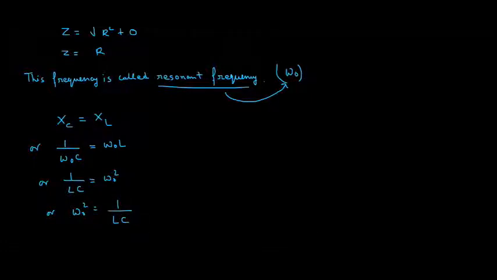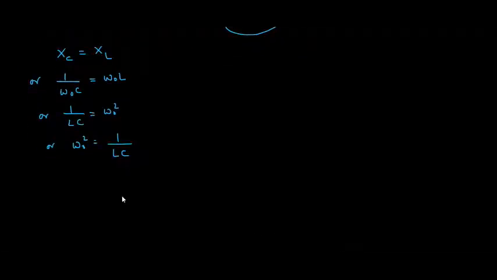Therefore omega naught is equal to 1 upon under root LC. And this is equation 7.35 in your book.